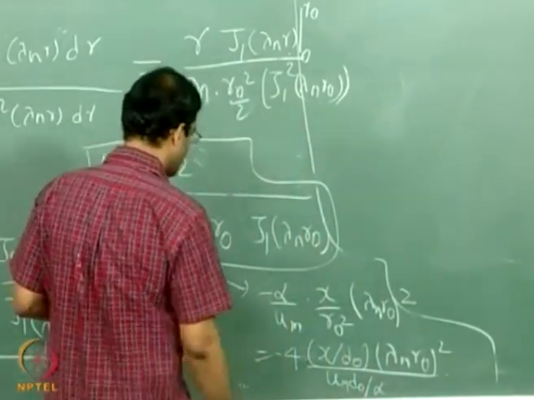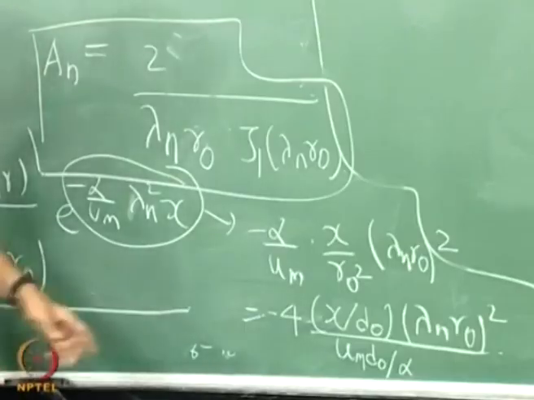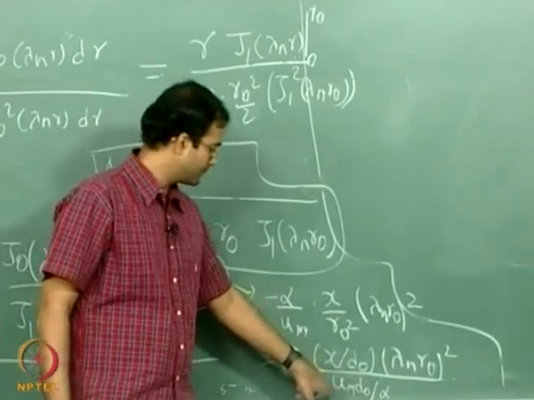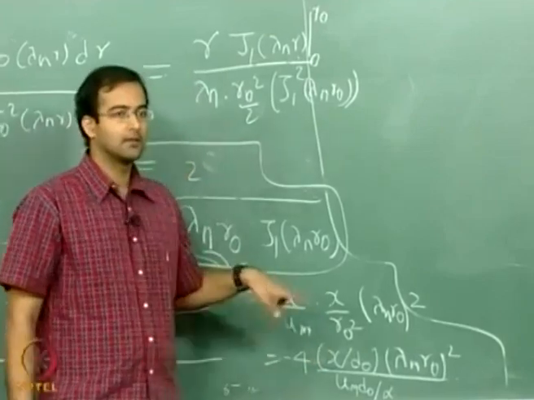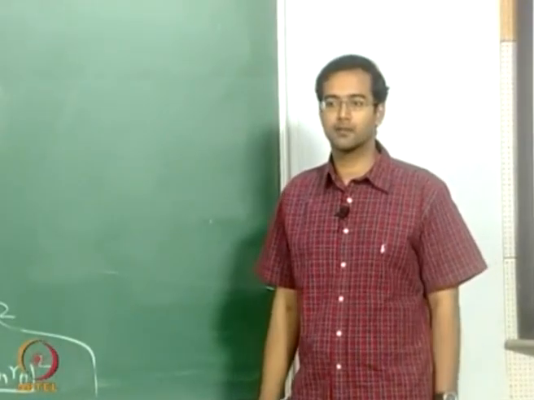So this r naught square I have replaced by d naught square by 4. I am grouping x by d naught as one non-dimensional term, and now I am left with d naught by alpha. So what is d naught by alpha? Reynolds number times Prandtl number.